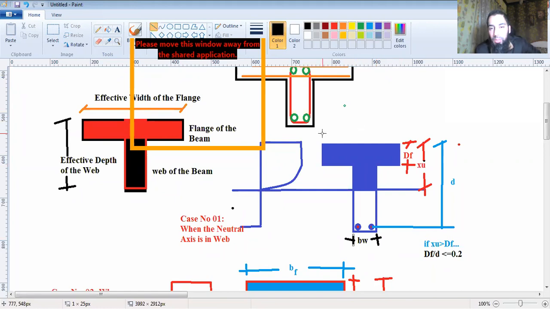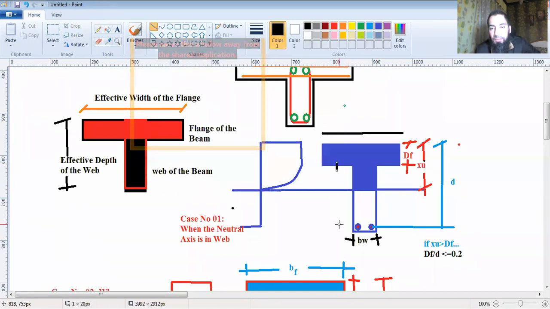I told you that this is bf here, this is Df, and then there will be Dw as well, which will be the depth of the web.